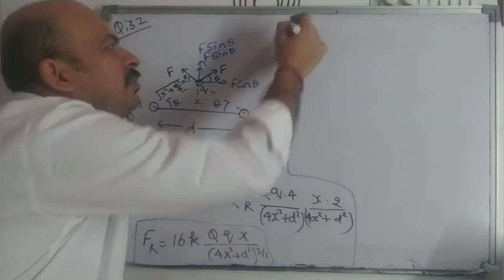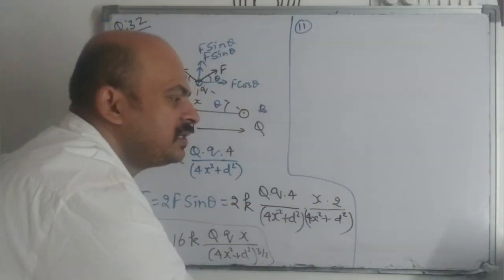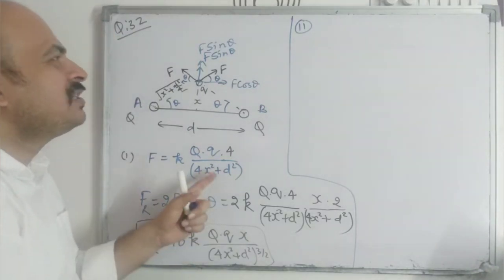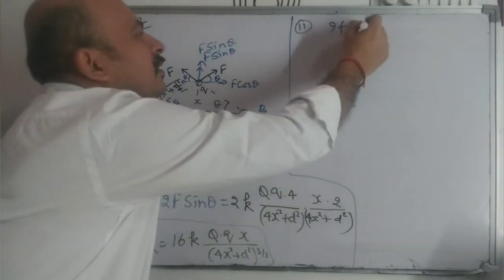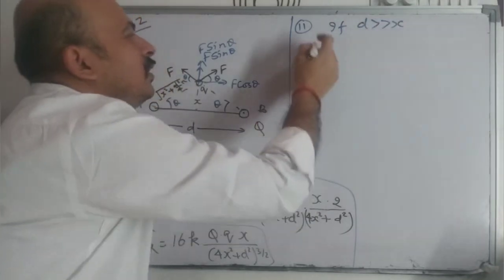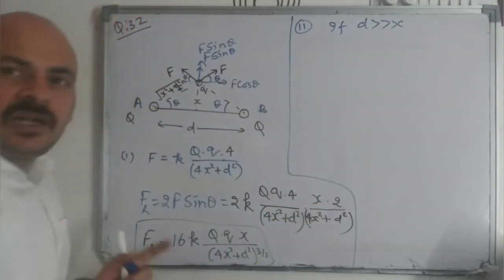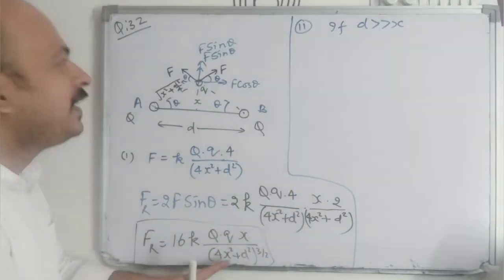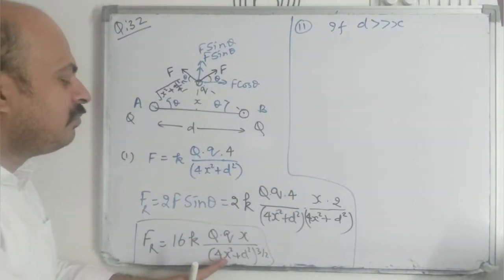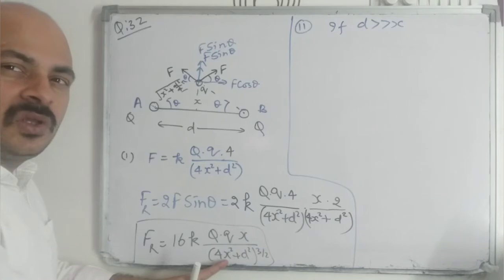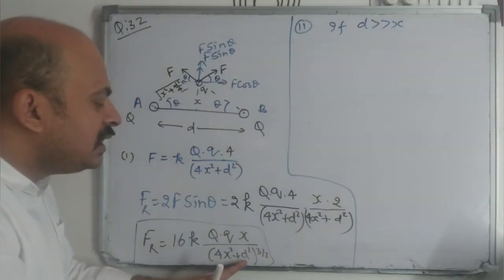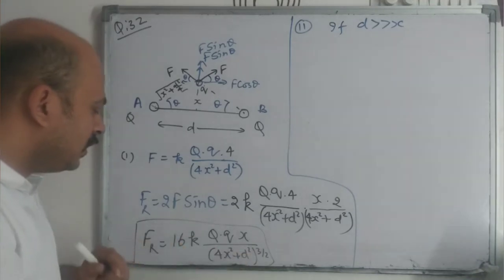Now what is the second part? The second part is, if d is very much greater than x, then prove that the force is directly proportional to x. So here if d is very much greater than x, x square can be neglected. If x square can be neglected, then you will have d to the power 3 only.